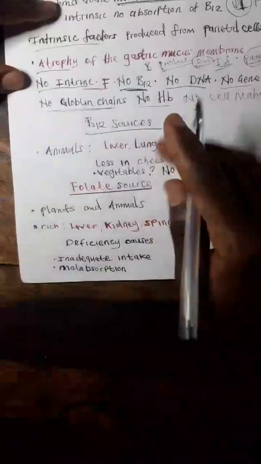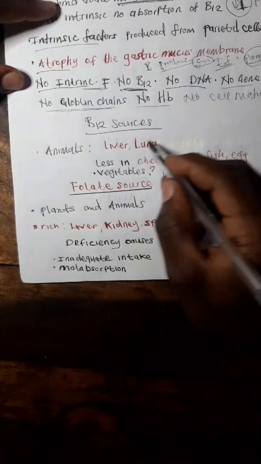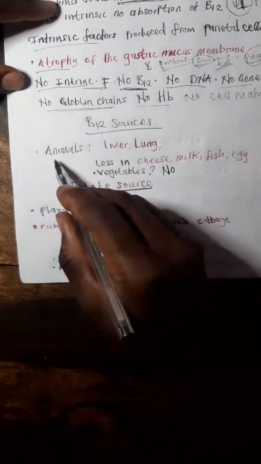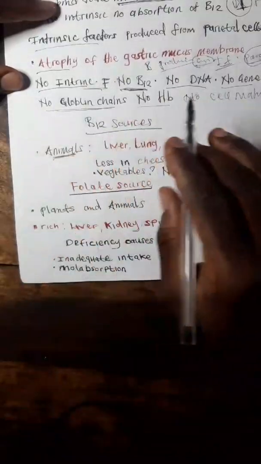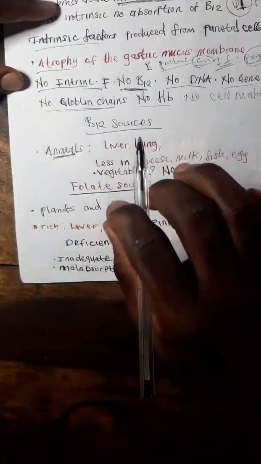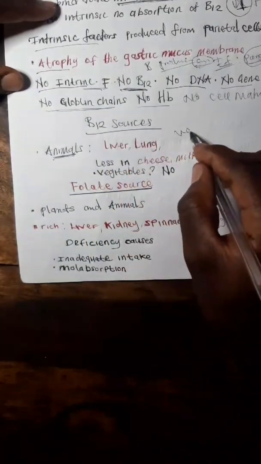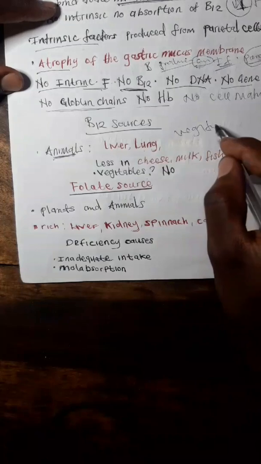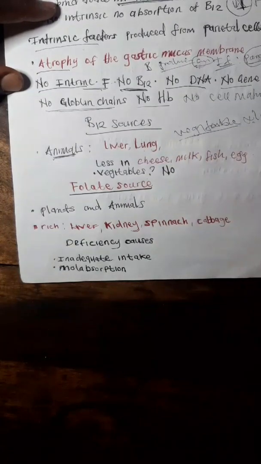Now, what are some of the sources of B12? The main sources of B12 are animals. B12 is almost not found in vegetables. No, it is not found there.